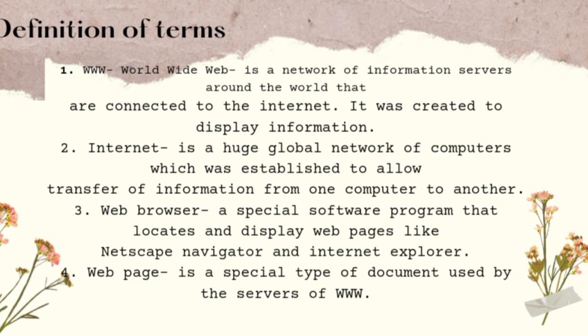Third, web browser, a special software program that locates and displays web pages, like Netscape Navigator and Internet Explorer. Lastly, web page is a special type of document used by servers of WWW.